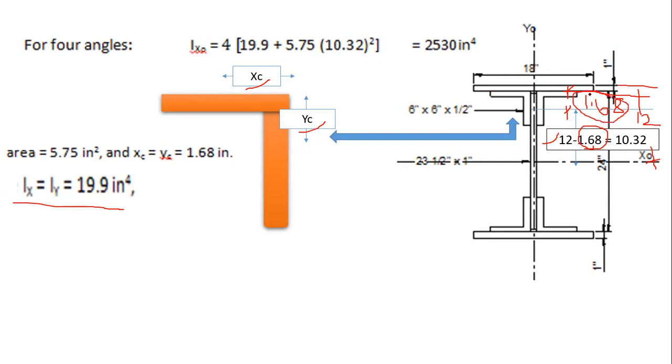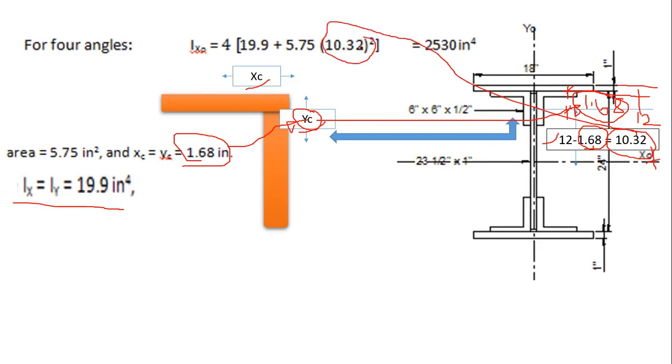The distance from the top to the centroid is either x or y; obviously it's for y, which is also equal to 1.68. So we can compute d, which is 10.32.